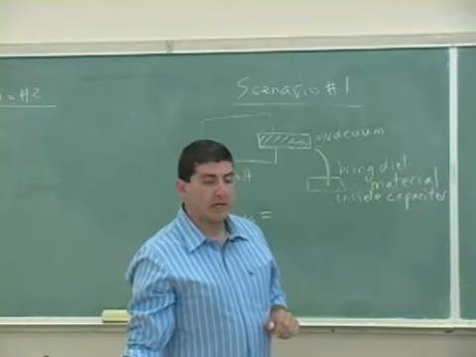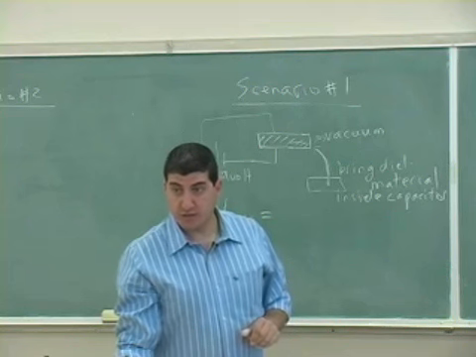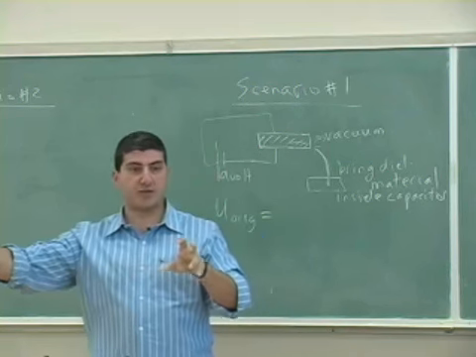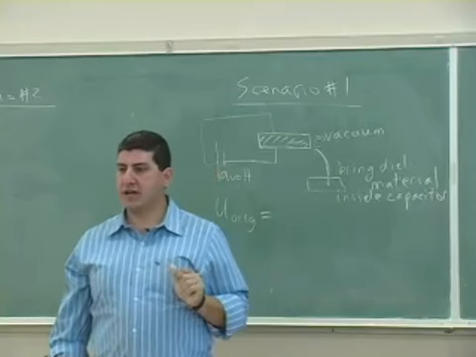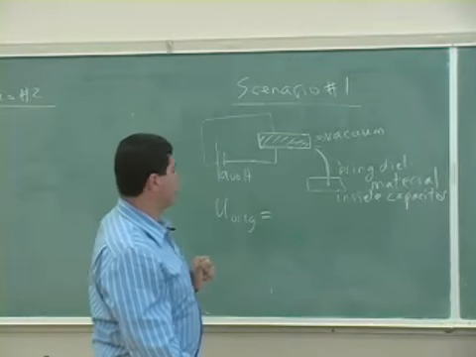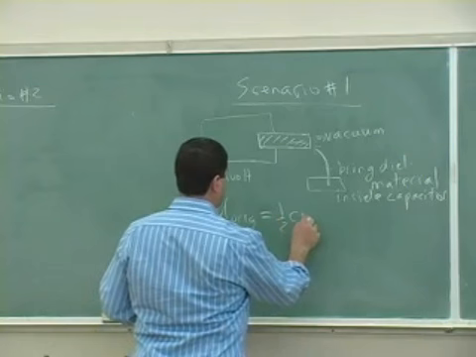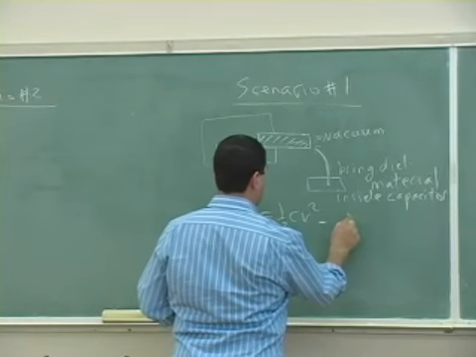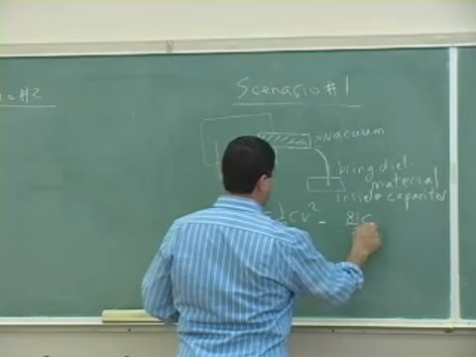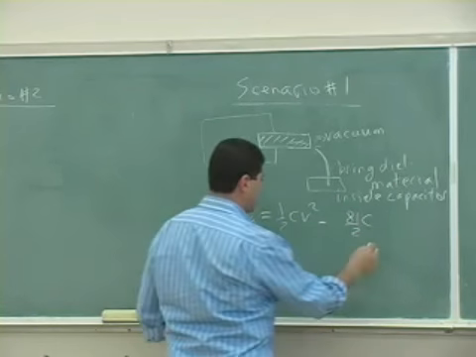It's equal to half CV squared, right? Since I know that it's connected to a 9-volt battery, the V is already given. The battery is going to maintain 9 volts between the plates. So I should use the half CV squared. So the original energy is 81 divided by 2 times its capacitance C.